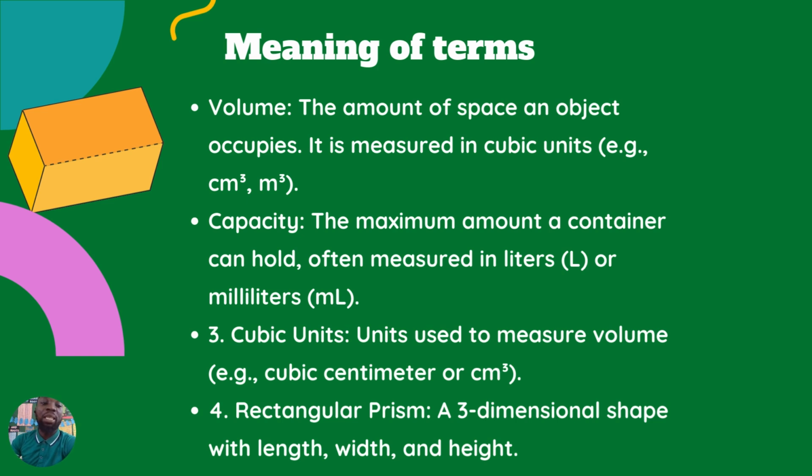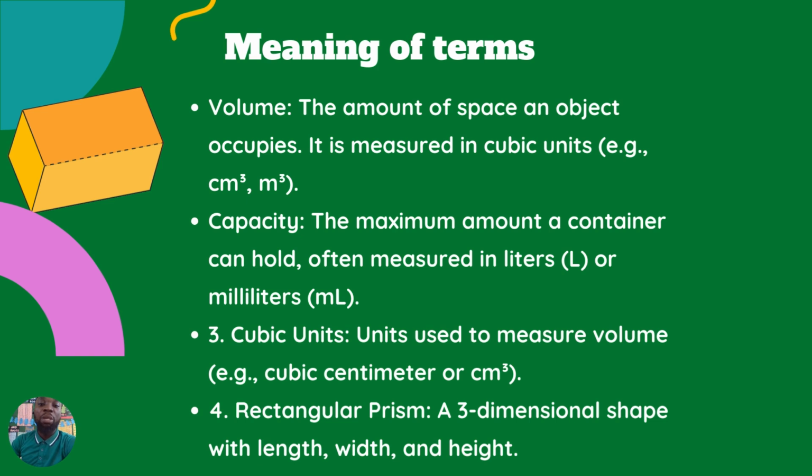It is often measured in liters or milliliters. Why for the volume? Volume is always in centimeter cube or meter cube. So a cubic unit is used to measure volume, so cubic centimeter or cm cube.